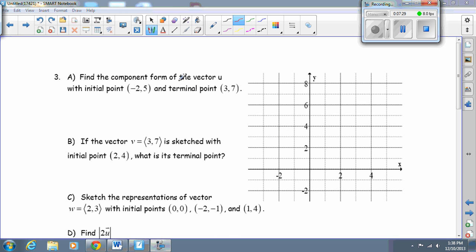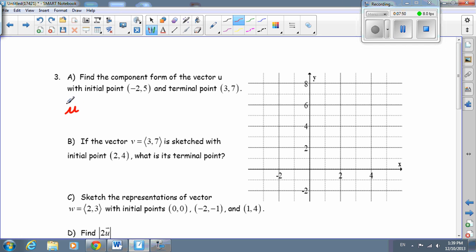Find the component form of the vector U with initial point at -2, 5 and terminal point at 3, 7. Why don't we use that formula I just gave you?